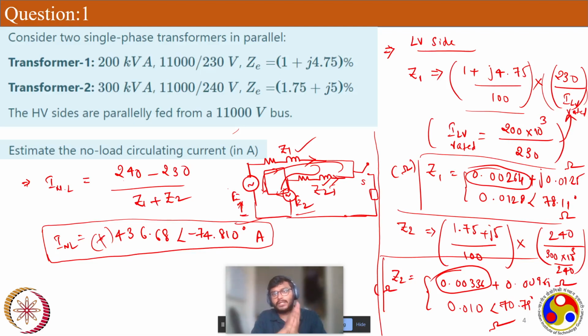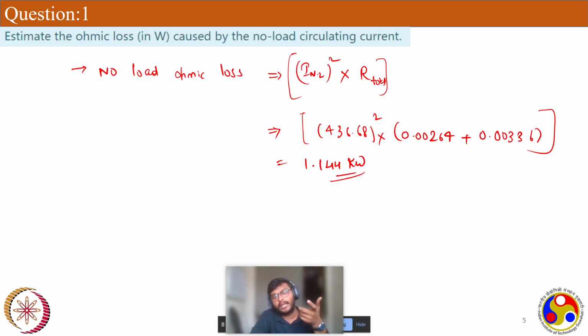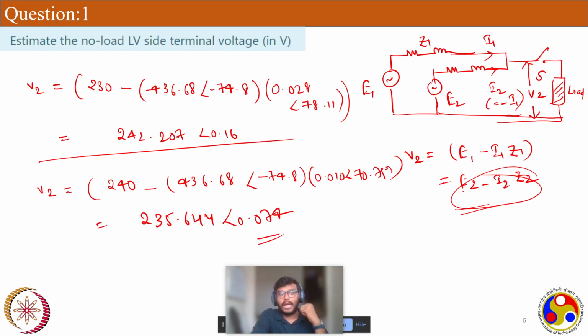For that, we first found the impedances in SI units, then applied simple circuit analysis to find the circulating current between two nodes. With that current we estimated the ohmic losses by the I square R formula, taking the real part of the impedances, and then calculated the terminal voltage, which is the induced voltage minus the drop.